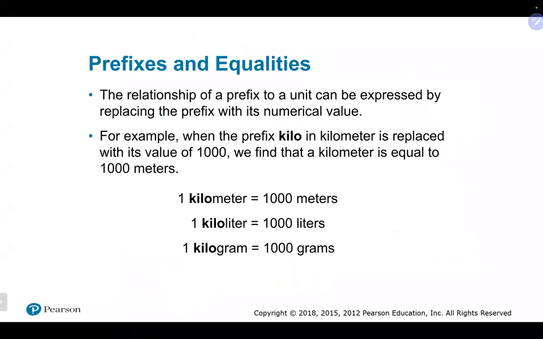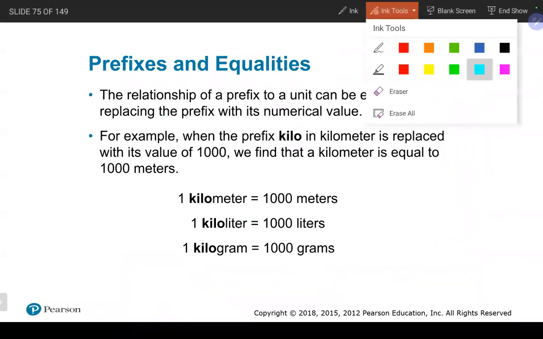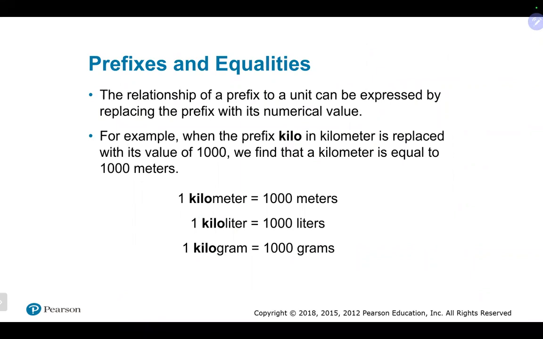So let's take a look at a few more equalities here. And again, for each of these, we obviously can write conversion factors. The kilo prefix here, it really doesn't matter what unit you're talking about. What I mean by that is 1 kilometer is 1,000 meters. 1 kiloliter would also be 1,000 liters. 1 kilogram would be 1,000 grams.